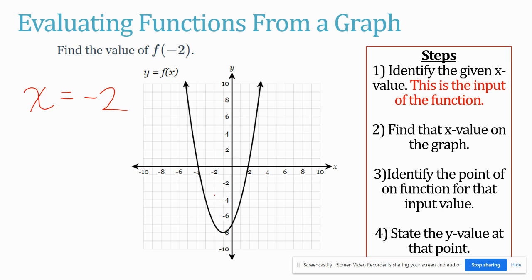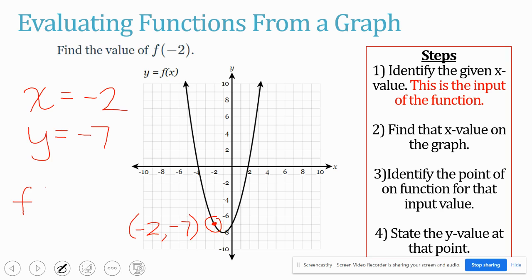Now I'm going to go down to that function, find that point, which is right there, and that is the point -2, comma, -7. So our y value at that point is -7. So that means f of -2 is equal to -7, and that is it.